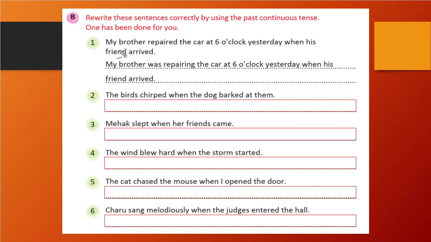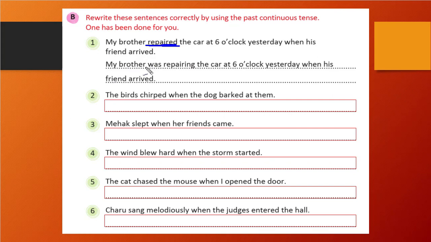So here you see, my brother repaired the car at 6 o'clock yesterday when his friend arrived. In this sentence, repaired is the action. So in place of repaired, what will we write? The main form of repaired is repair, and we will write it with ing.